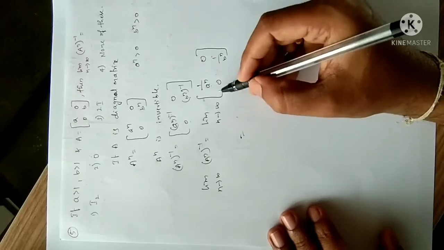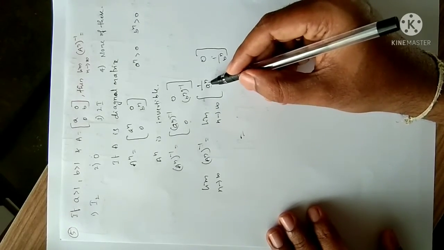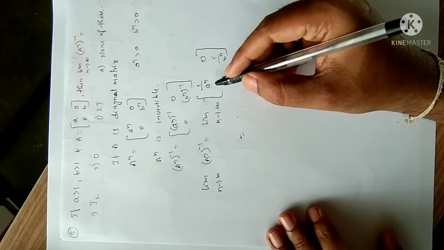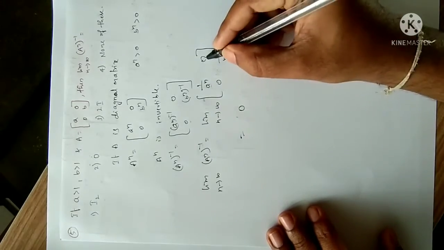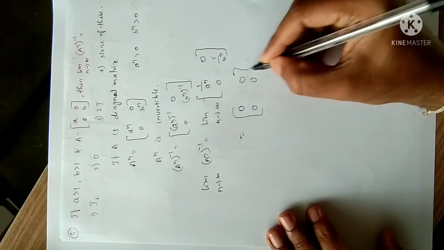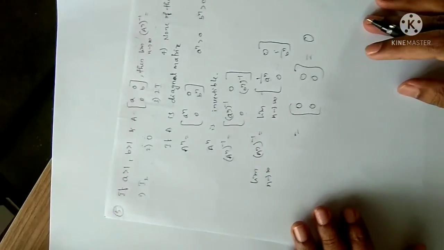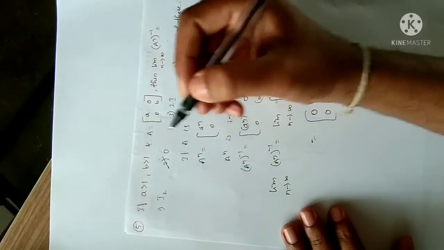Now I will apply the limit. 1 by a to the power of infinity, that is 1 by infinity, whose value is 0. Same, 1 by infinity value is 0. It is the zero matrix. Then which option is right? That is the second one.